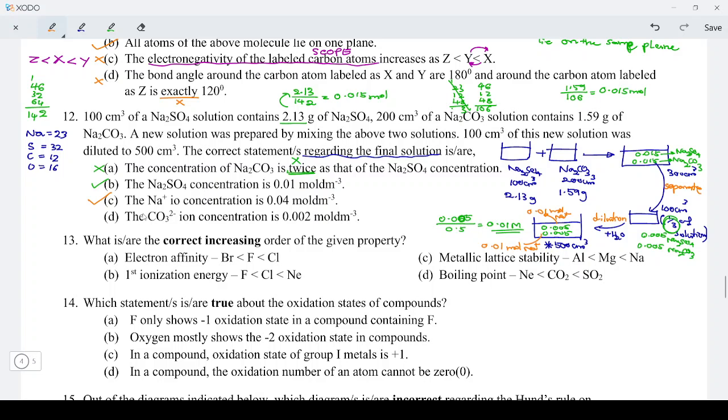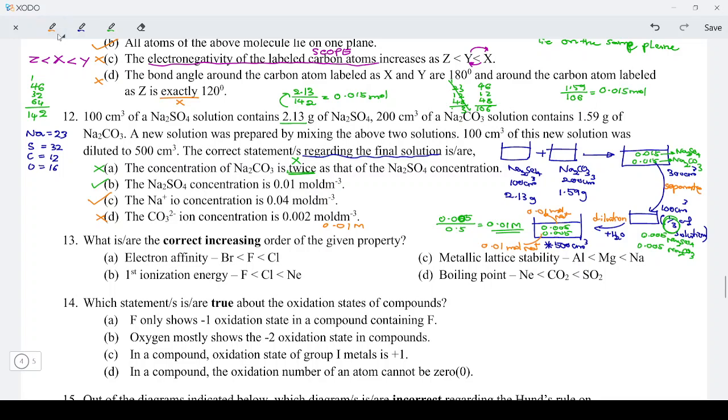Okay, and thereby you can say the last one is wrong. Why? Because it's not 0.002, the concentration should be 0.01 mole per decimeter cube. Understand? Because carbonate concentration would be equal to sodium carbonate concentration.